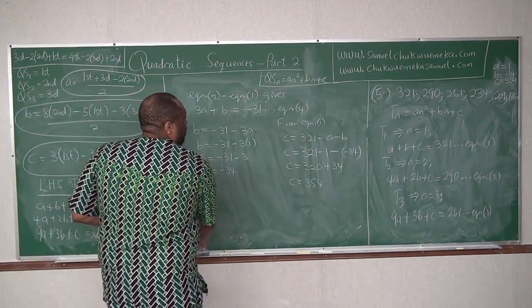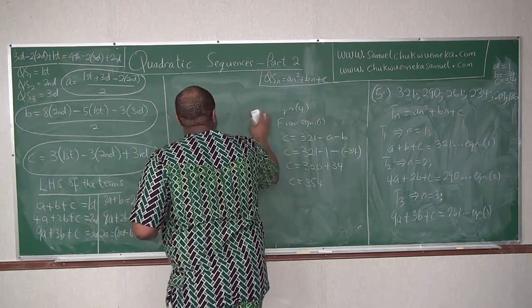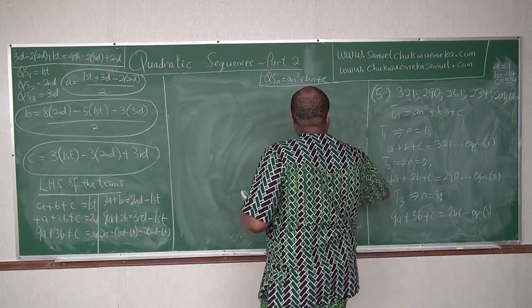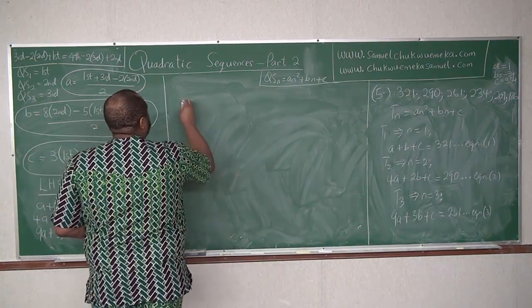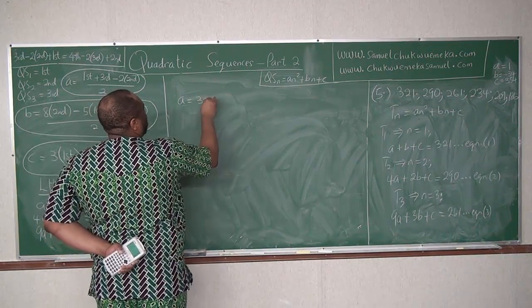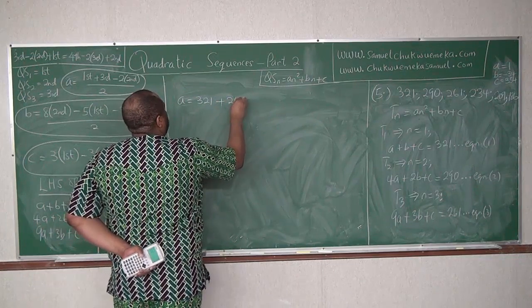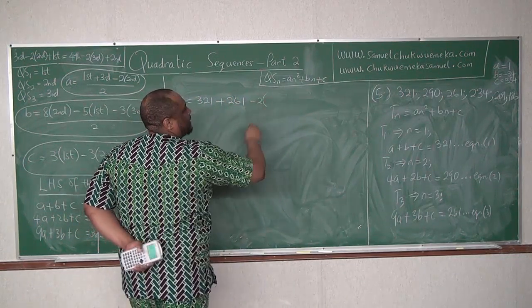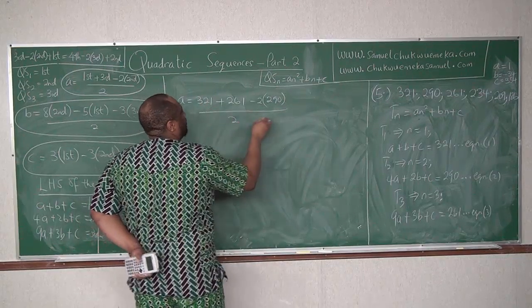Alright, so now let us verify this with the formula. So we have that a, the first term here is 321, plus the third term 261, minus 2 times the second term 290, all over 2.